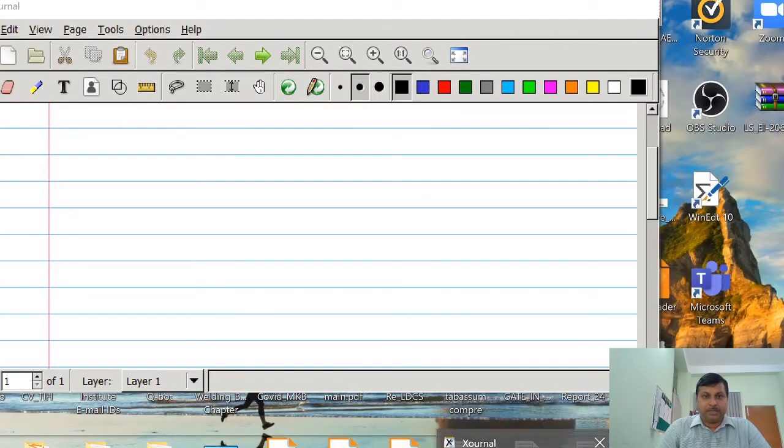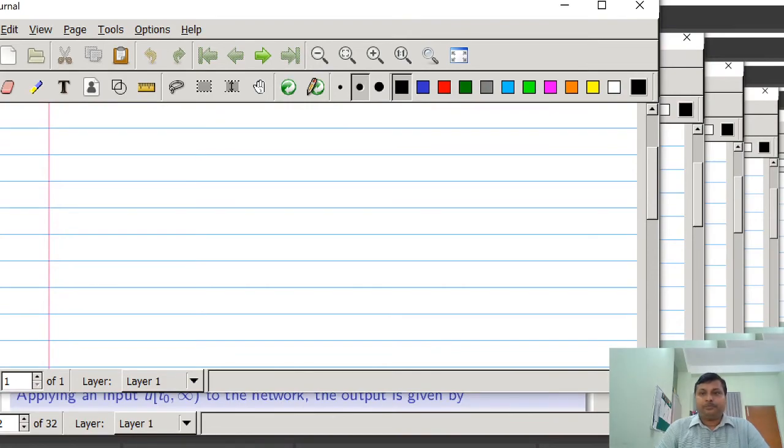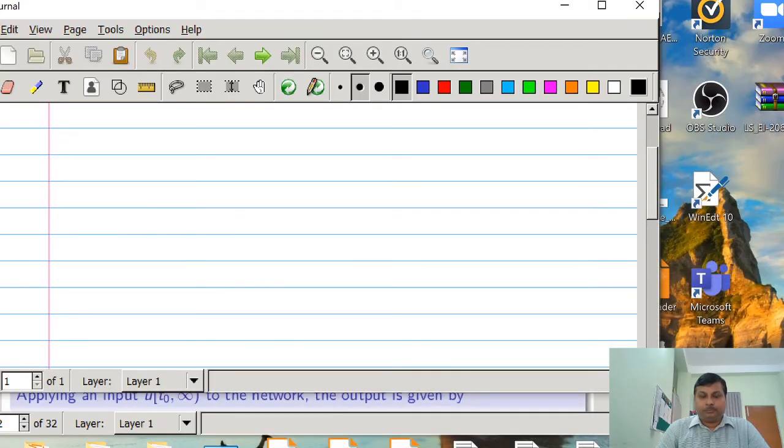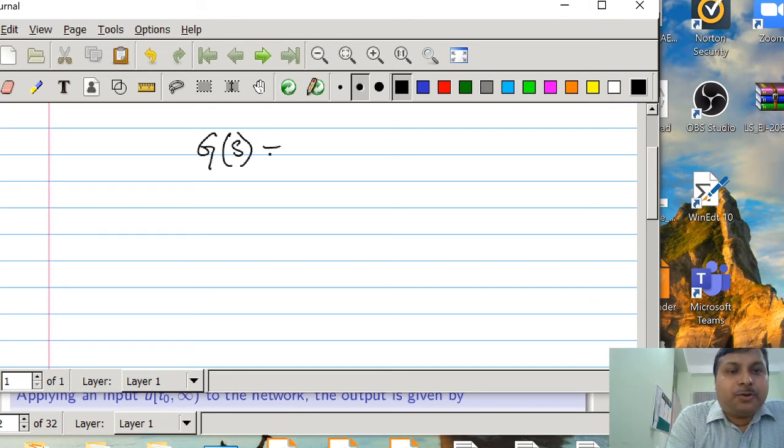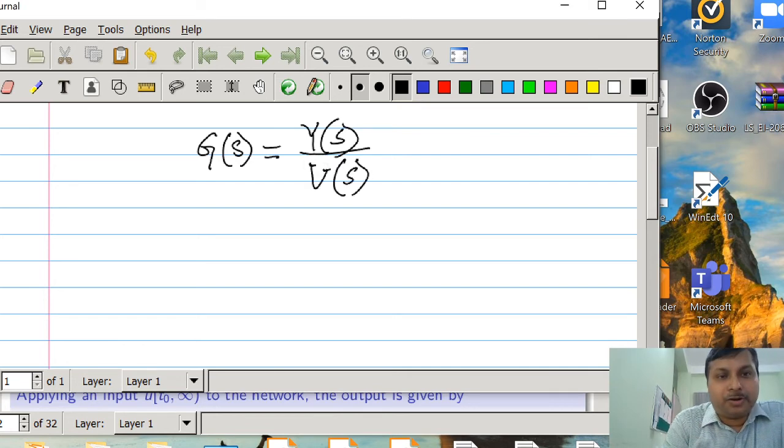So we can discuss that from our previous course. We know that the transfer function G(s) is equal to the ratio of the Laplace transform of output Y(s) and U(s), the input, assuming all initial conditions are 0.